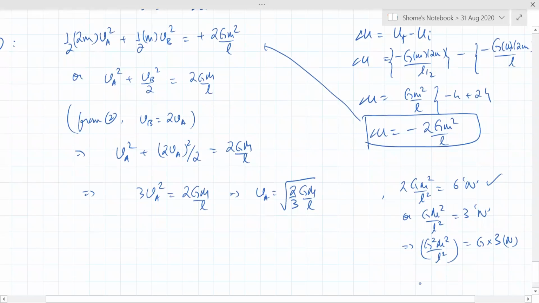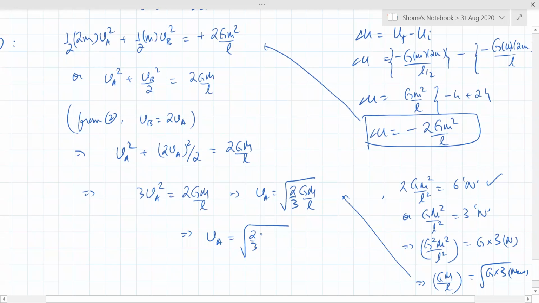In other words, G m by L is square root of G into 3 newtons. So we can use that over here. So Va will become square root of 2 by 3 into G into 3 newtons.